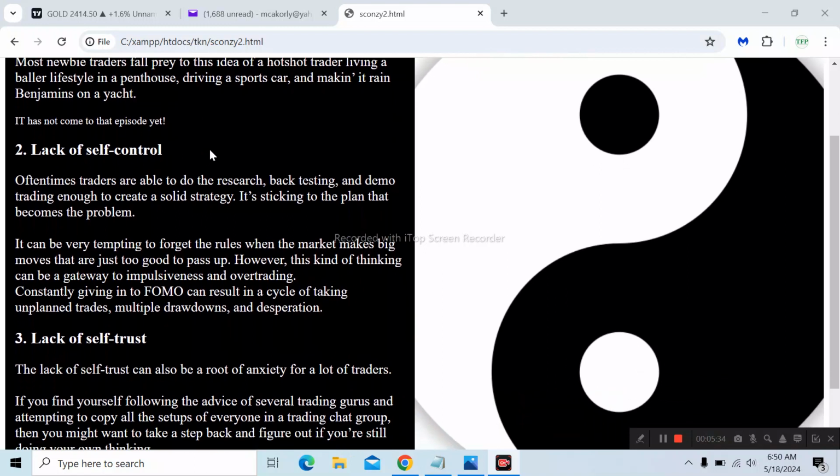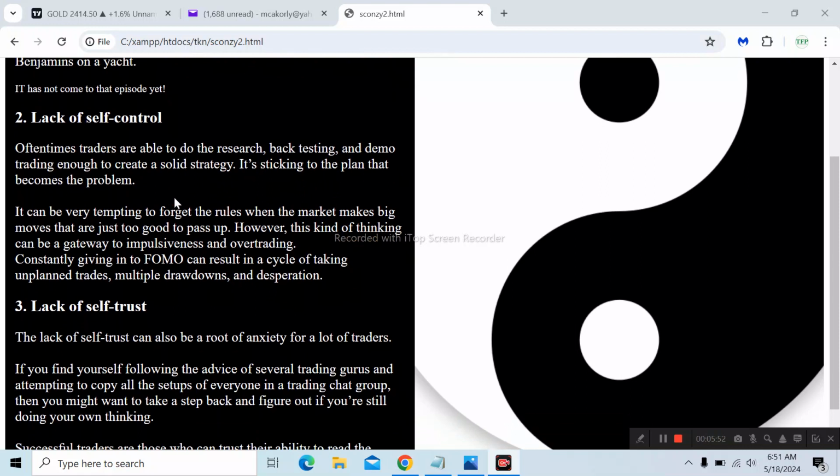That also has to do with your trading psychology. Lack of self-control. Often you are able to do the research and backtesting, but sticking to the plan becomes the problem. You can do everything, but if you lack self-awareness, you forget.